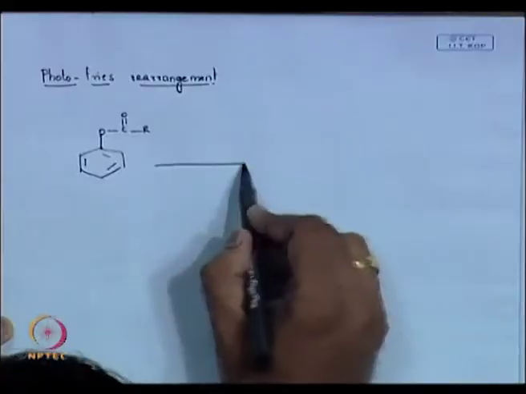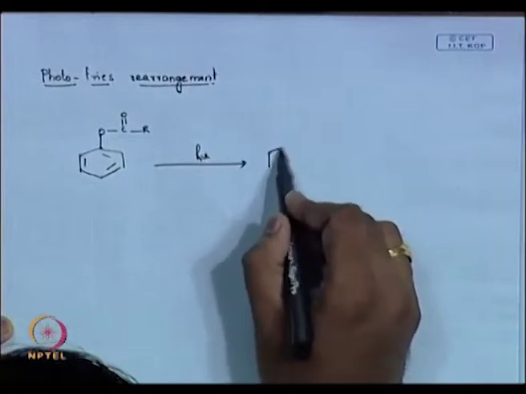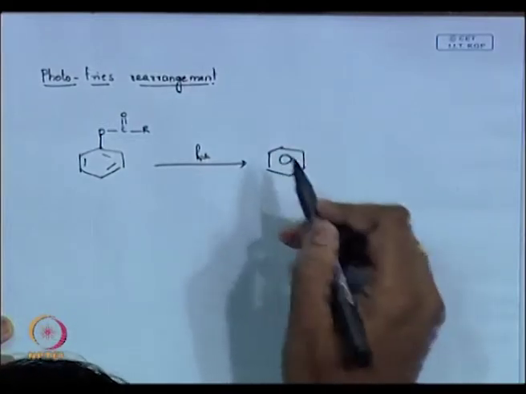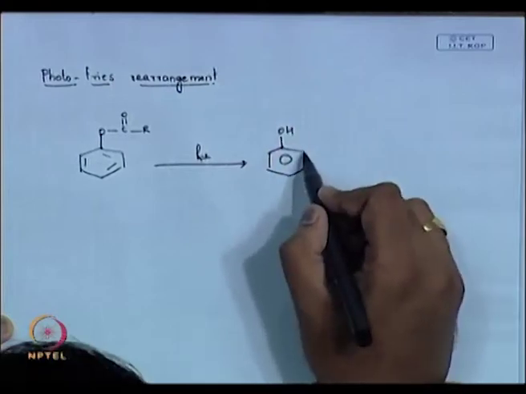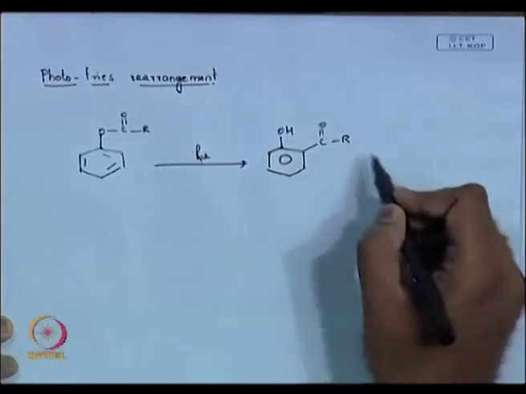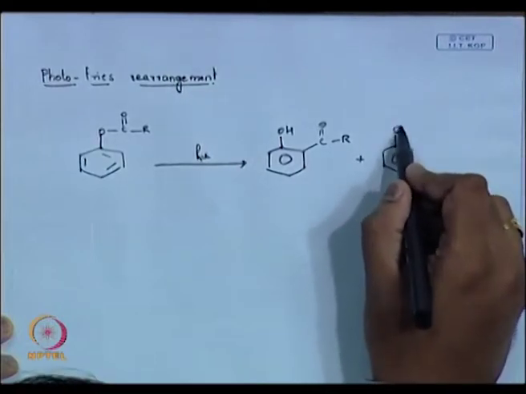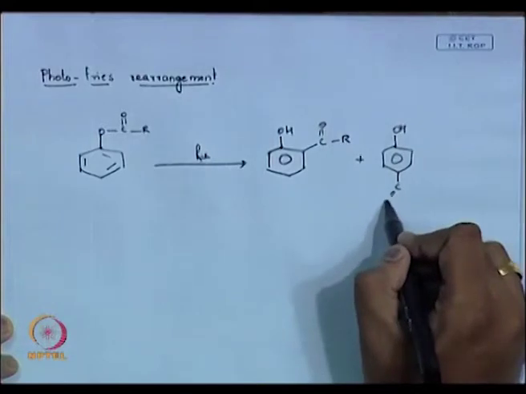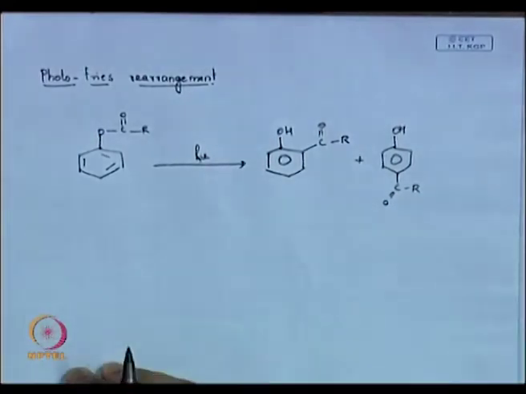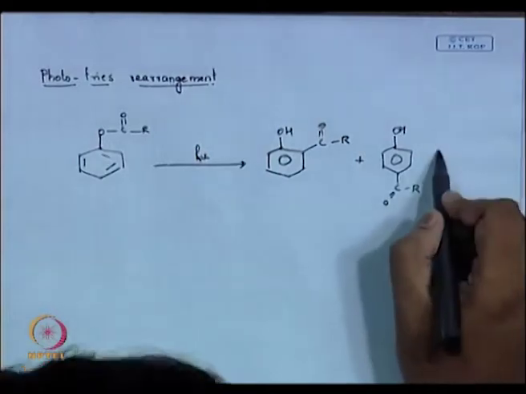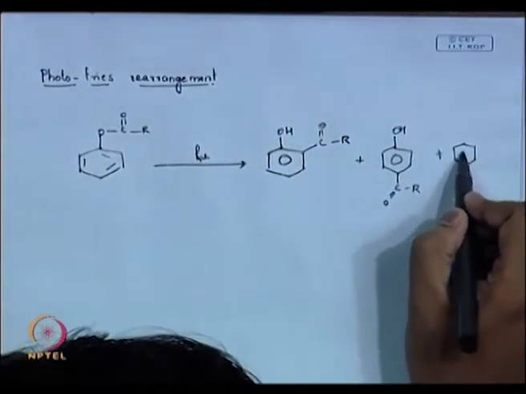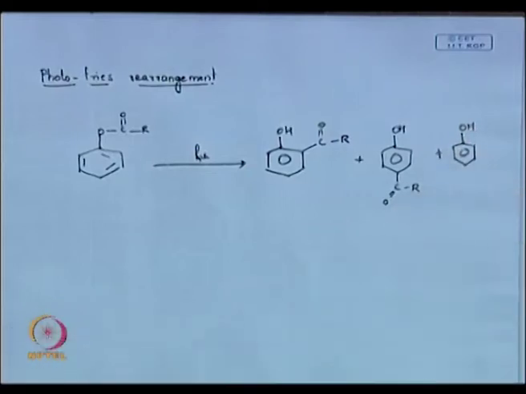But in photo-Fries rearrangement, it's the other way around. So if you do the photolysis, same way you end up with your ortho, and you will end up with your para, similar to your Fries rearrangement, but you get one more product which tells something. You get a type of phenol which you do not see in your Fries rearrangement.